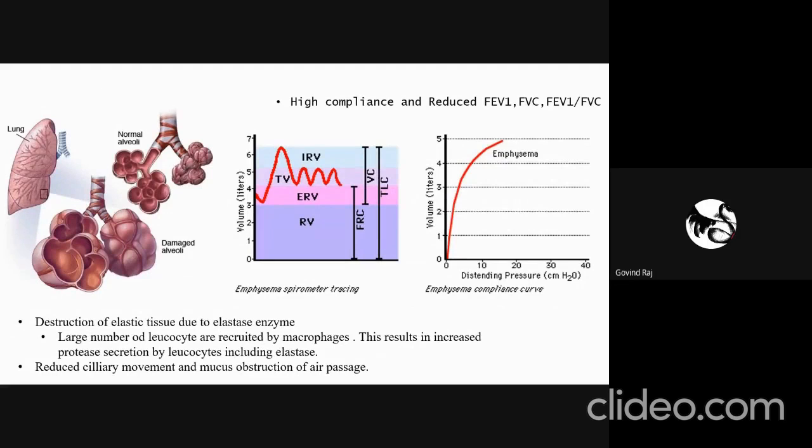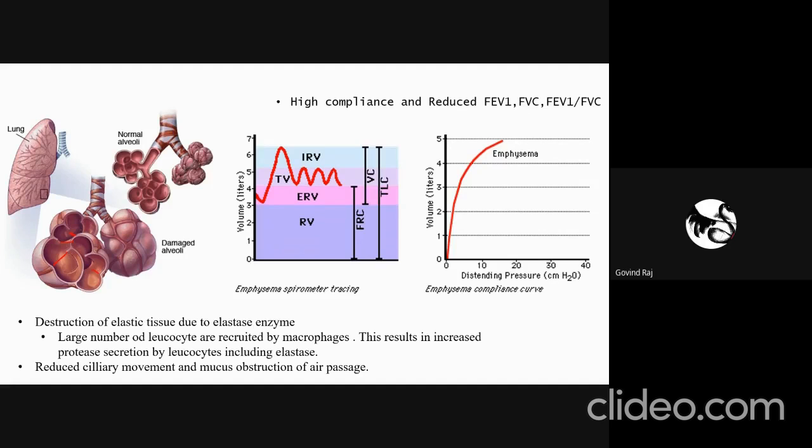Here we can see normal alveoli, with well-demarcated alveolar walls. But a damaged alveolus has collapsed walls, because we cannot see the walls. We are lacking these walls, which causes easily inflatable alveoli. That is what is known as floppiness.